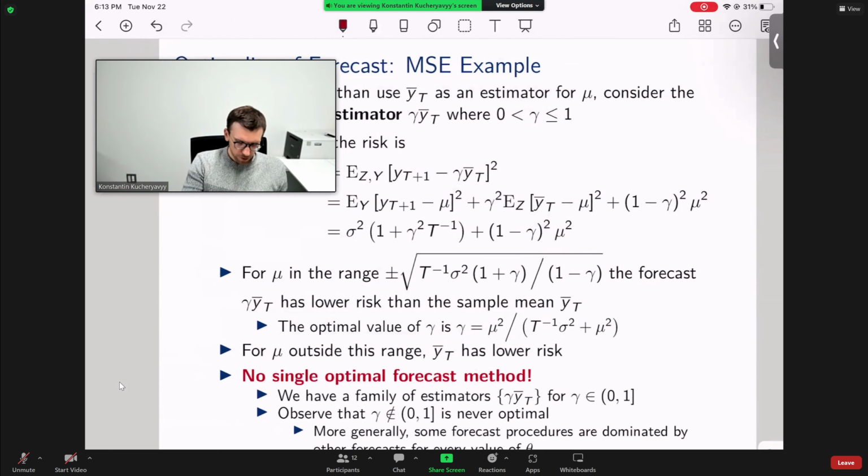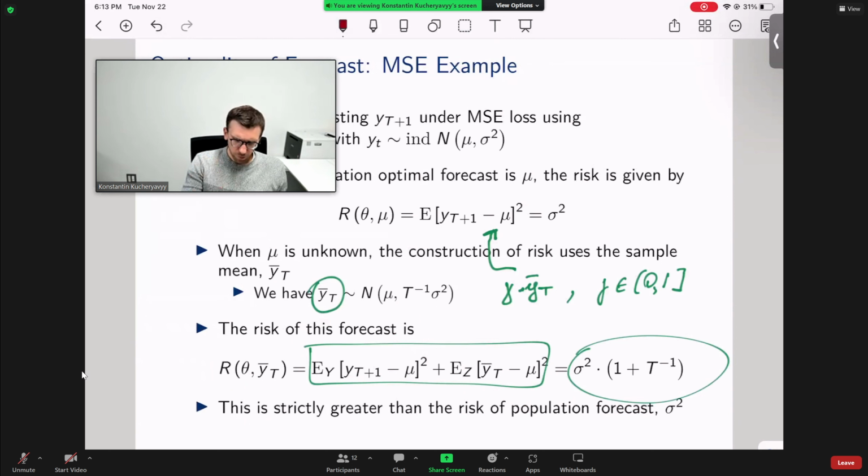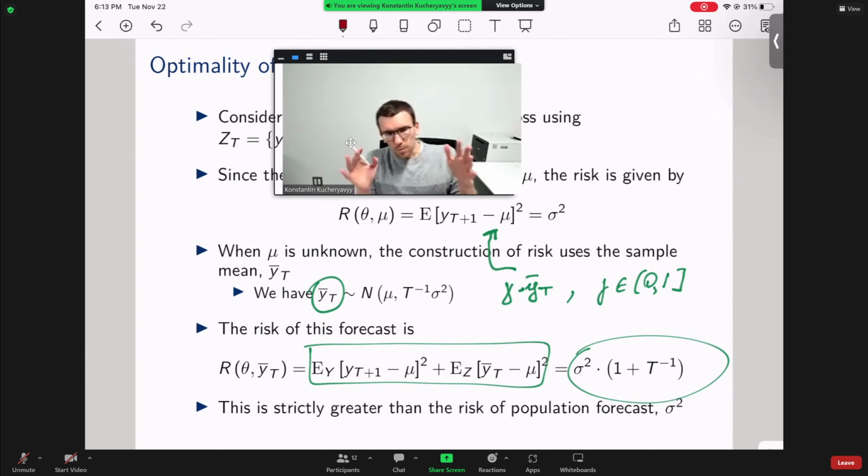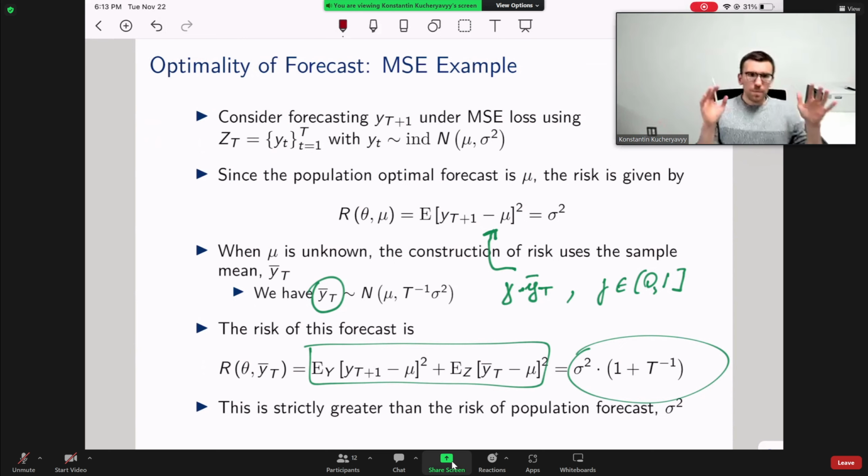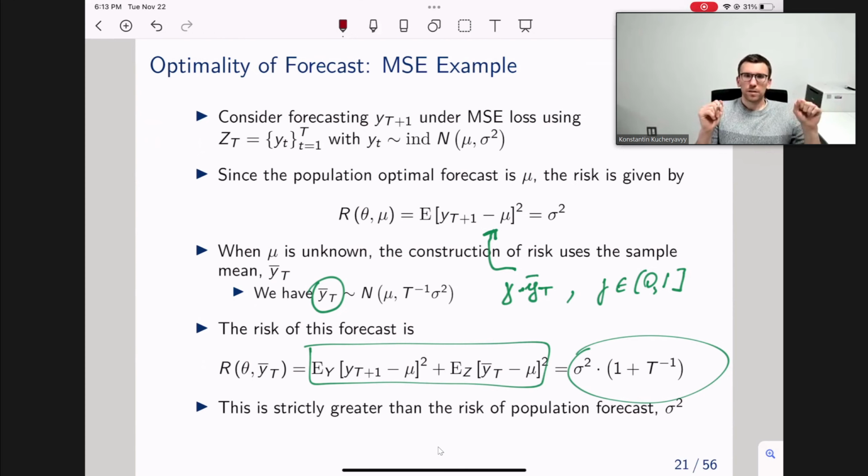So let us go back to this. What we have done. We know what is the optimal forecast on the population. Okay, perfect. That's under quadratic loss. The optimal forecast in the population is the mean. We don't know the value of the mean, we need to estimate it.